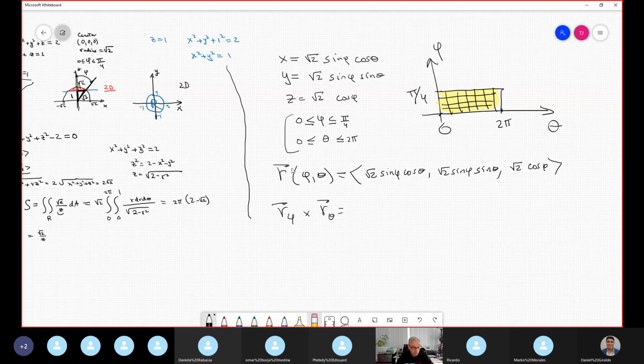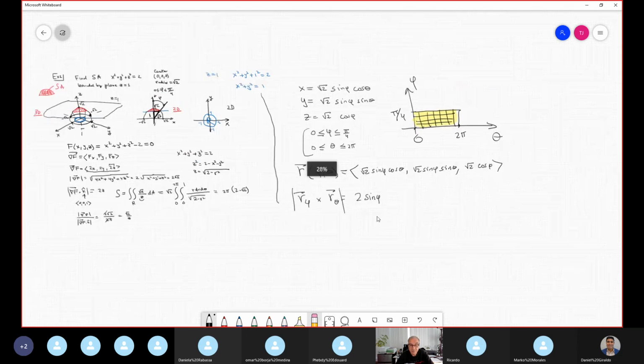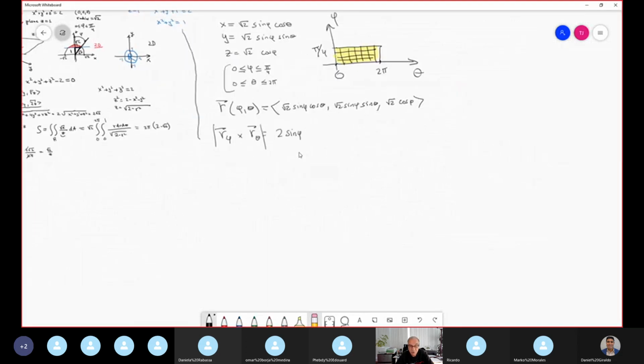I want to do it quickly, guys, because it's long. I did that in my calculator, of course, and the magnitude of this is 2 sine phi. Okay, finally, you set up the double integral. This is a too long process, you know.